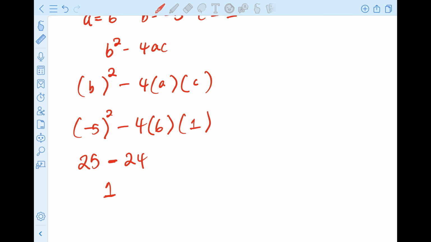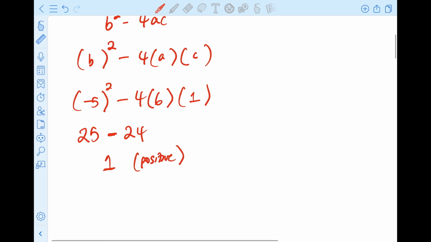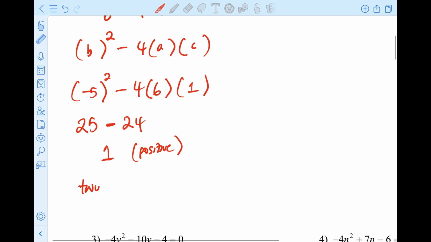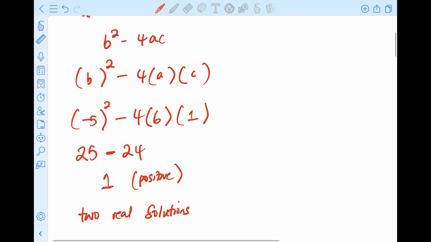And because this is positive, this means that I have two real solutions, right? Now, a mistake that people tend to make is when the 4 times the 6 times the 1 is there, some persons will go 4 times 6, 24, and then they'll do something like, let me use another one because this one's easier.